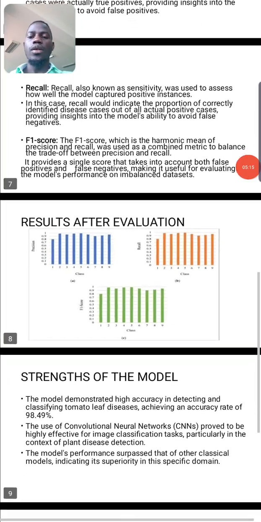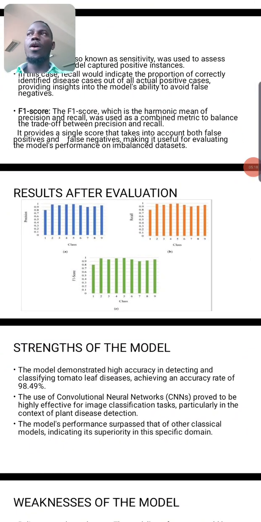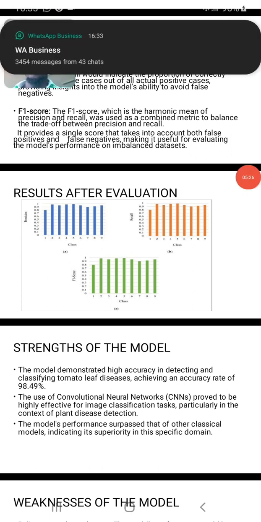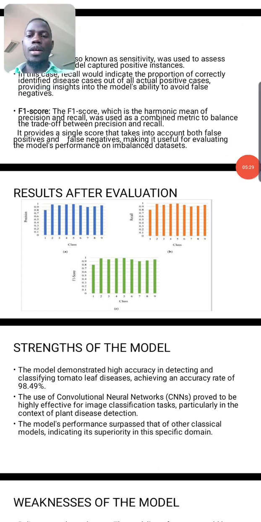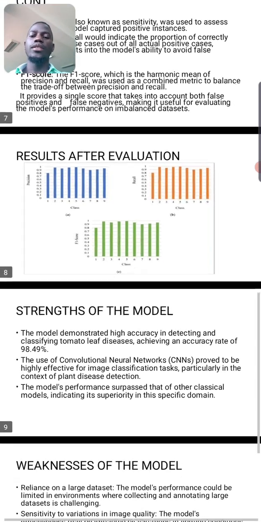Then the F1 score was also another metric that was considered, used as a single score that takes into account both false positives and false negatives, thereby making it useful for evaluating the model's performance on imbalanced data sets.